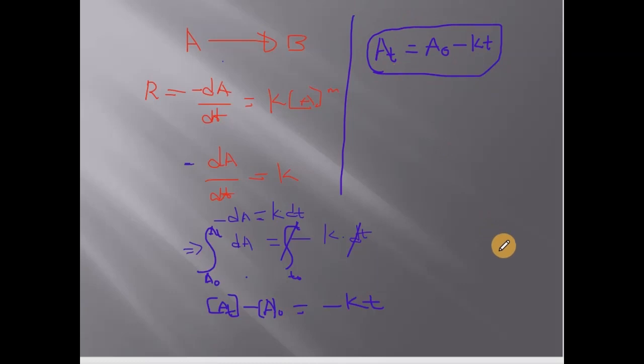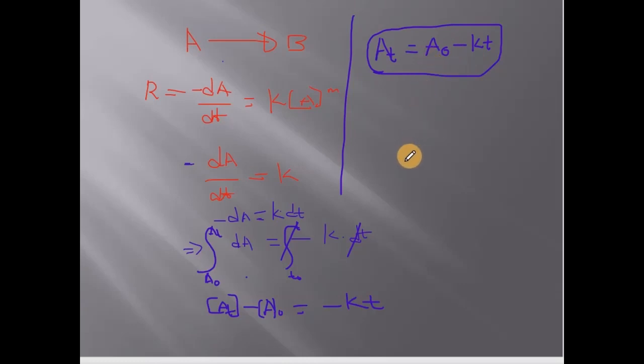That means for every zeroth order reaction, when we have a plot of the concentration of the reactant at any time t against the time itself, we are going to have a negative slope, and the intercept is going to be the initial concentration of the reactant.